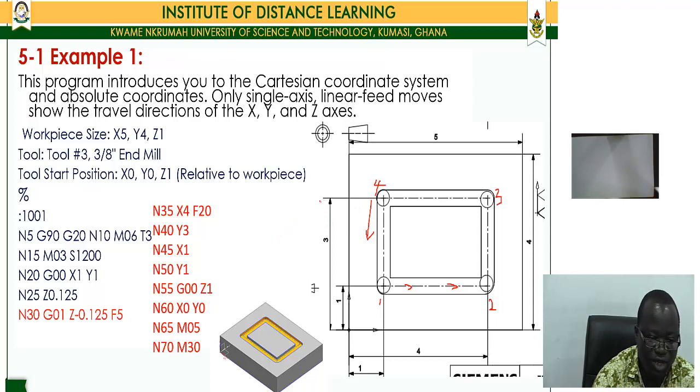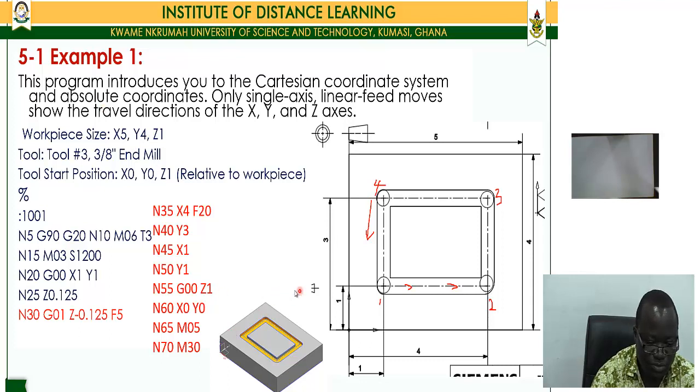First, we will have to define the workpiece. So the workpiece size is x5, y4, z1. So it means these dimensions: the thickness of this block is 1 inch, the width is 5, and then the breadth, if you like, is 4 in the y direction.